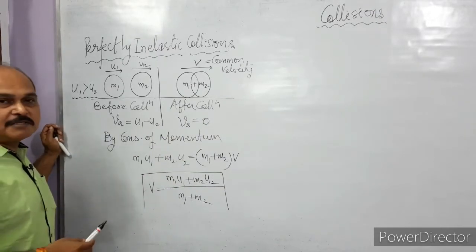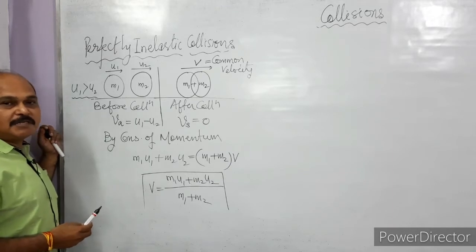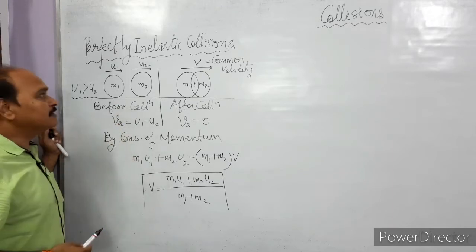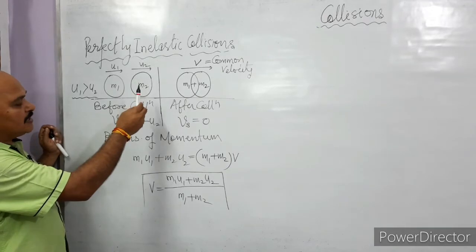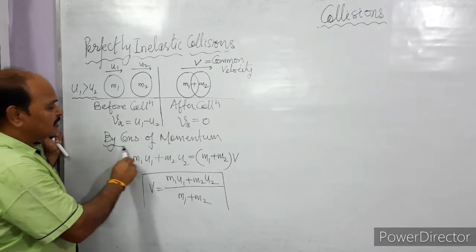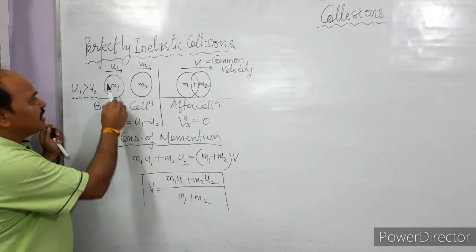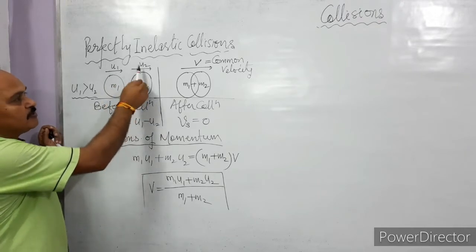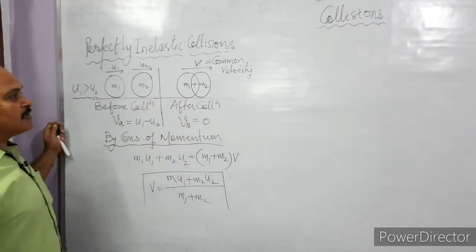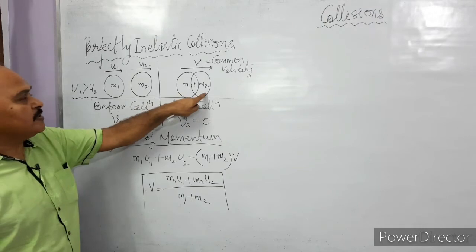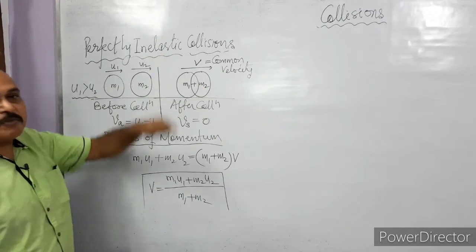In all types of collisions, linear momentum is conserved. So is here. So what is momentum before collision? Momentum before collision is m1 u1 plus m2 u2. And momentum after collision is going to be (m1 plus m2) into v, where v is the common velocity.